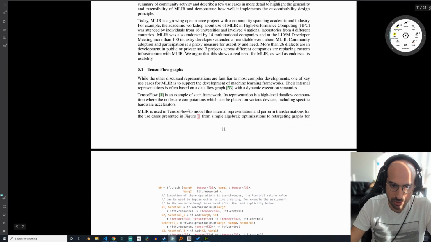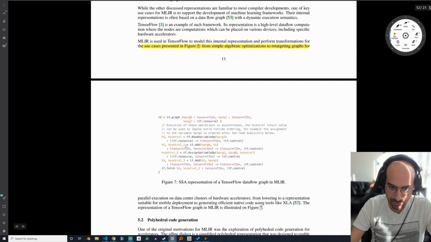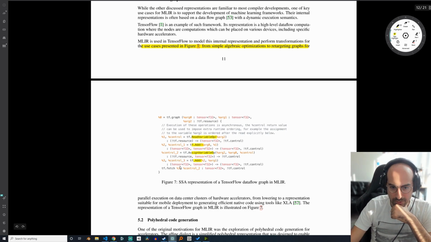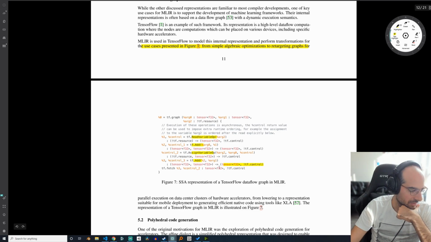So one application is TensorFlow graphs. So where's the graph? Read variable, an addition operation, an assignment, and an addition. Even though this looks kind of complicated, really what's happening is you're adding something to something else. So you'd expect to see two values. These two values are tensors of float32s, and then they also return a float32 with some control flow.